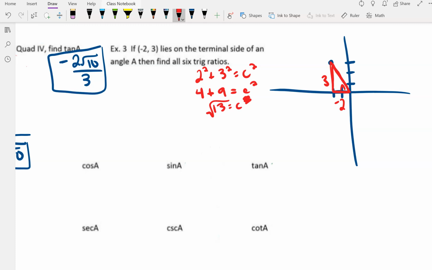So this is root 13. All right, cosine is adjacent over hypotenuse. So negative 2 over root 13. You can't leave your answer like that because you can't have a radical on the bottom, so rationalize. We end up getting negative 2 root 13 over 13.